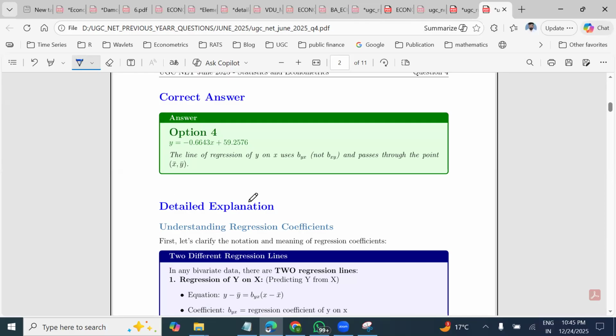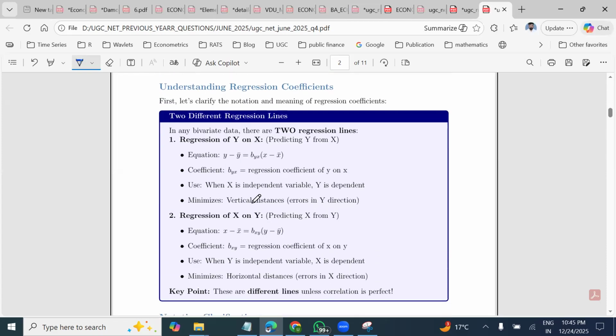Now let us understand how you will solve it. First of all, in bivariate data there are two regression lines. I think I had already given you these equations. When you are estimating y on x, y is your dependent variable and x is your independent variable, then the regression equation we write like this: y minus y bar equals byx into x minus x bar.